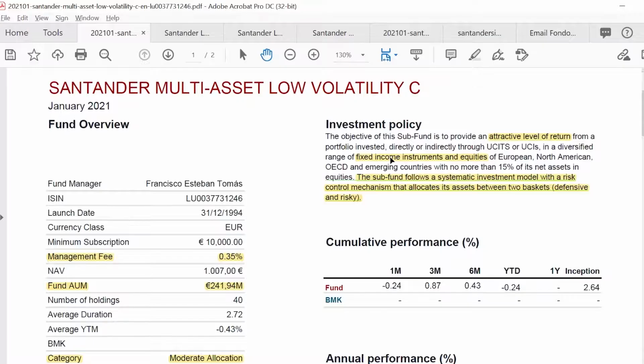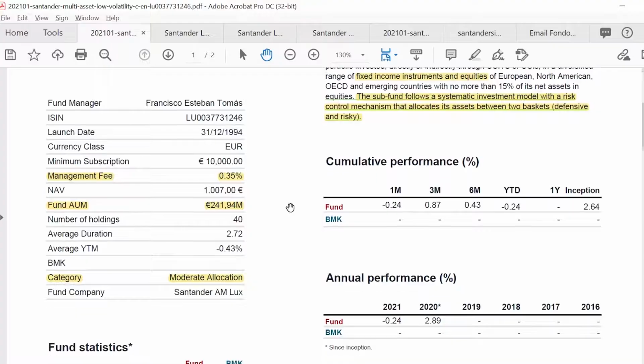It invests in fixed income instruments and equities, not more than 15% in equities, and follows a systematic investment model with a risk control mechanism that allocates its assets between two baskets, defensive and risky. So it looks really, really nice. If you don't know much about finance, it looks awesome, really.